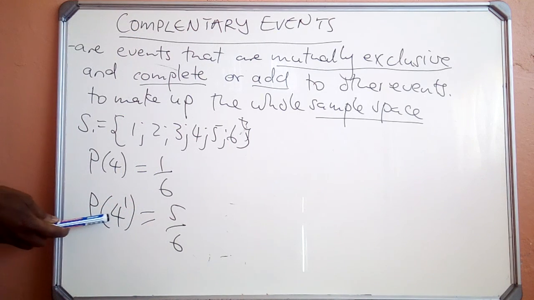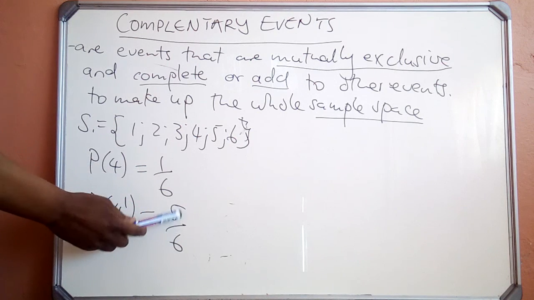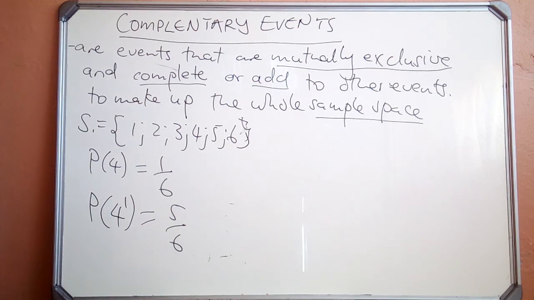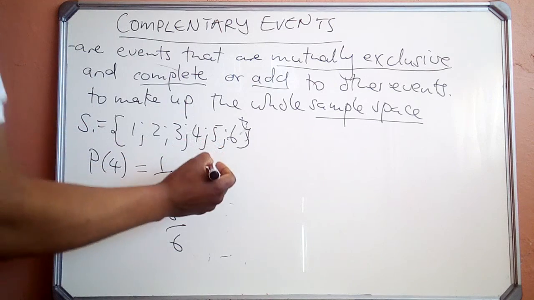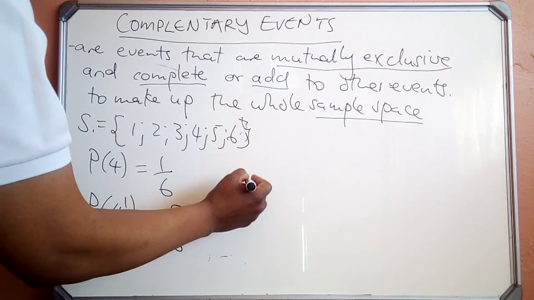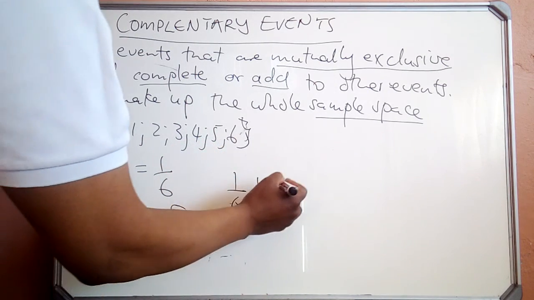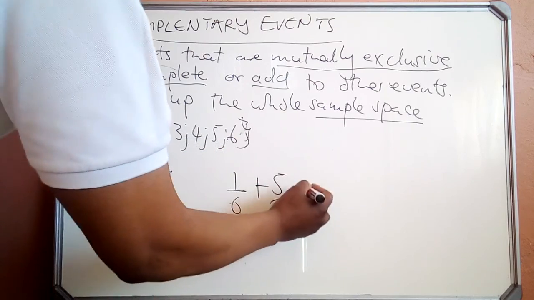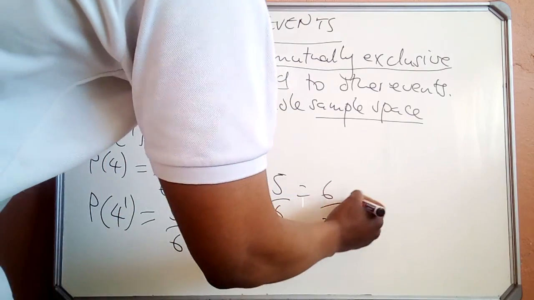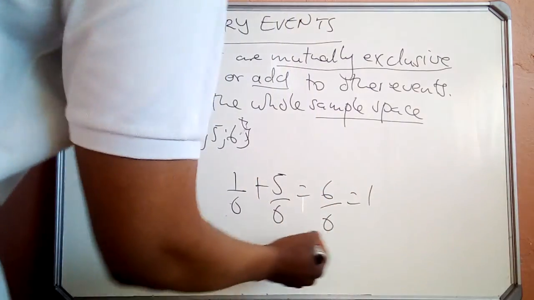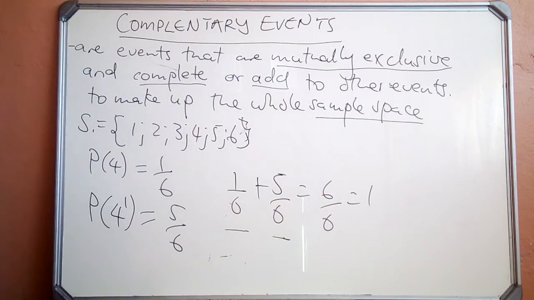So the probability of not rolling a 4 is 5 over 6. Now you will see that the two complement each other to make the whole. The whole is 1, therefore 1 over 6 plus 5 over 6 will give you 6 over 6, which is 1. So these two here are complementary events. All right, they complement each other.